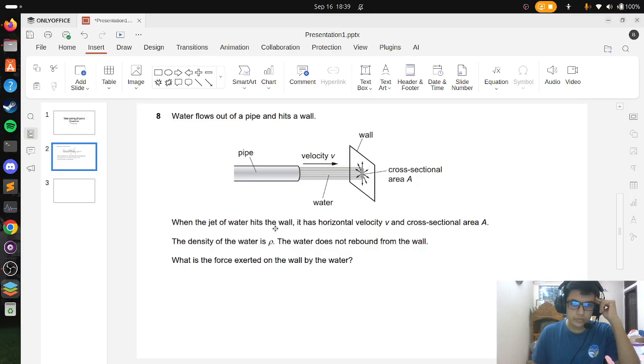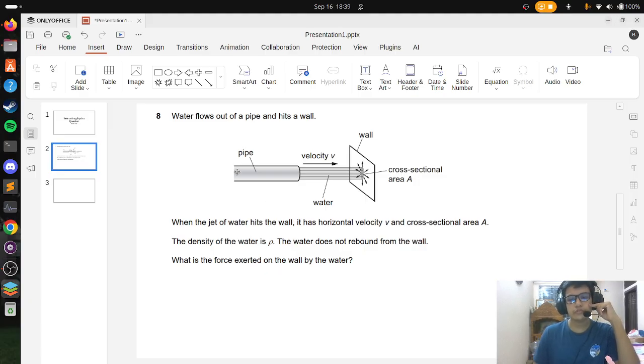When the jet of water hits the wall, it has a horizontal velocity v and cross-sectional area A. The density of the water is rho, and the water does not rebound from the wall. That is not ideal, since it definitely rebounds a bit, but we don't need to think about that. So what is the force exerted on the wall by the water?